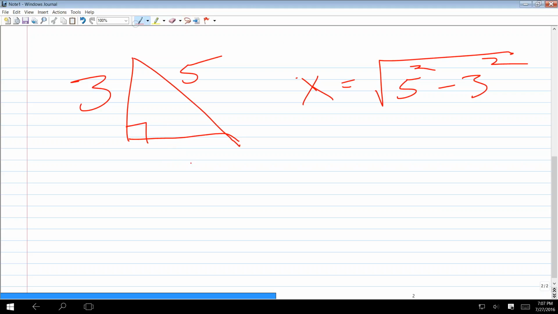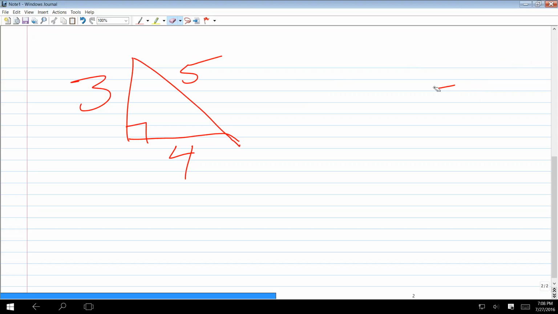Correct. Now, this happens to be a very special triangle, a 3, 4, 5 triangle, but it still has to follow the Pythagorean Theorem. So what if I made this number 6?